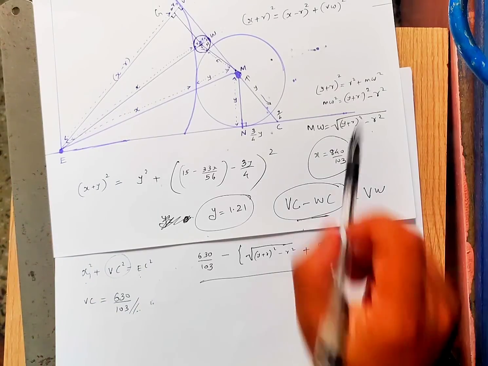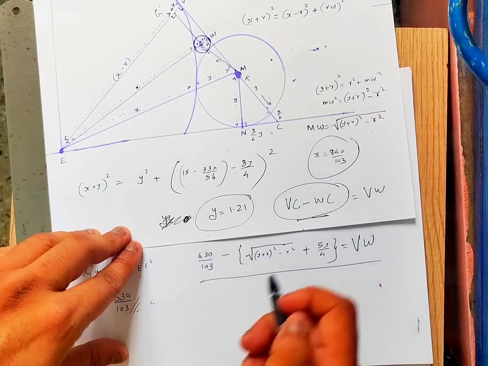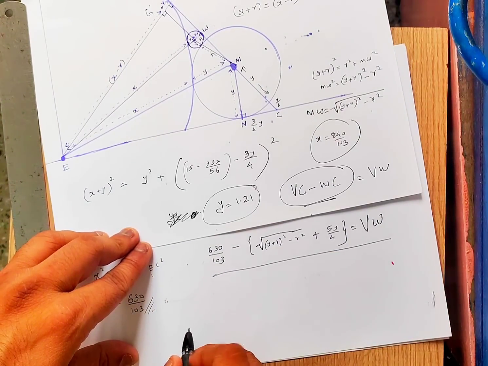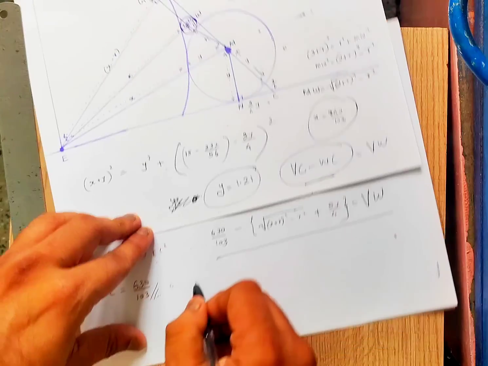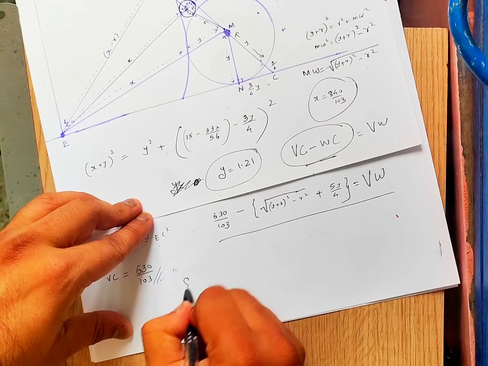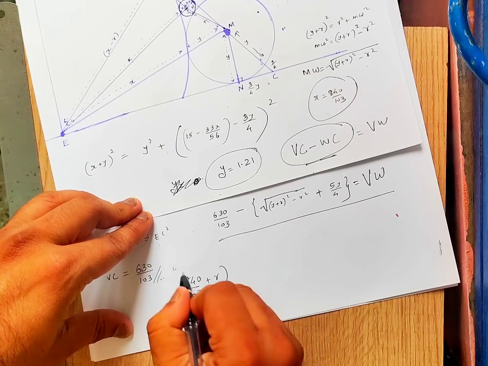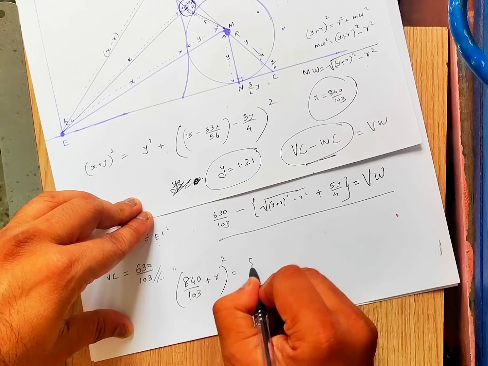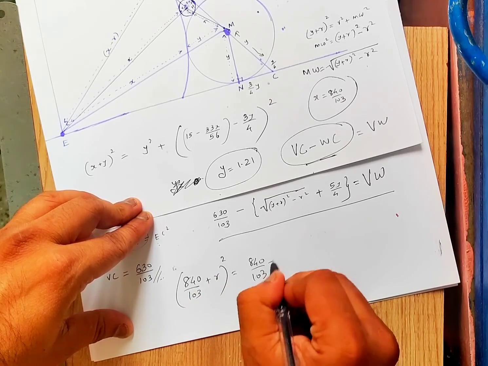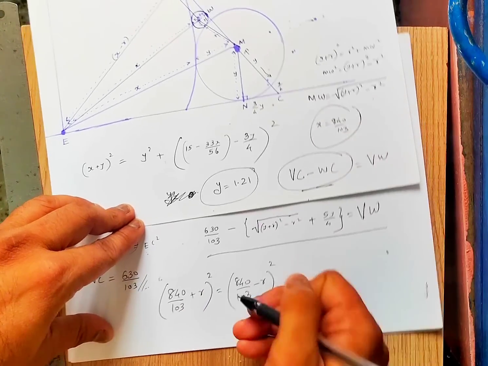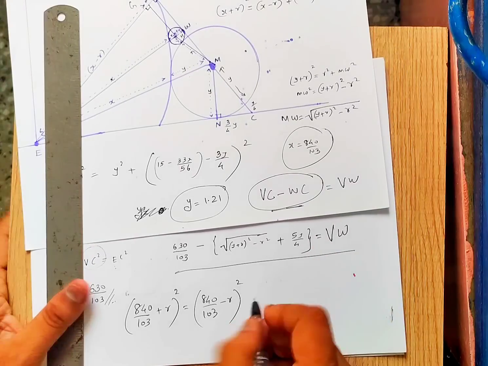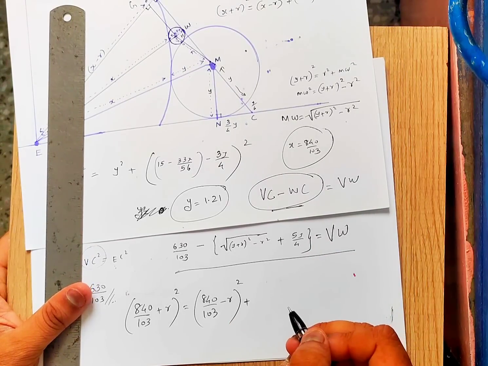Now I can use Pythagoras theorem and substitute it over here. So observe, guys, my final equation would be this: 840 by 103 plus r the whole square is equal to 840 by 103 minus r the whole square plus VW square.